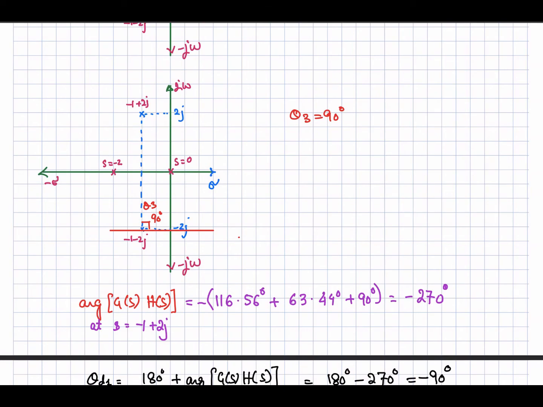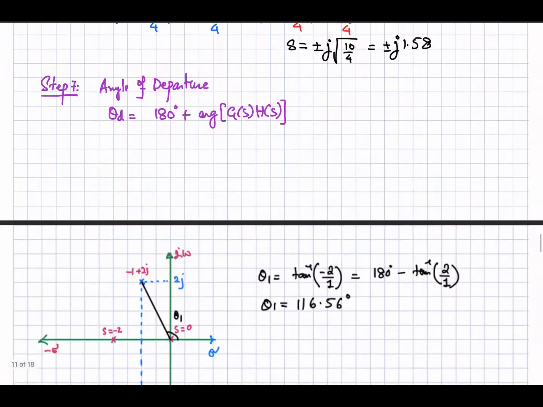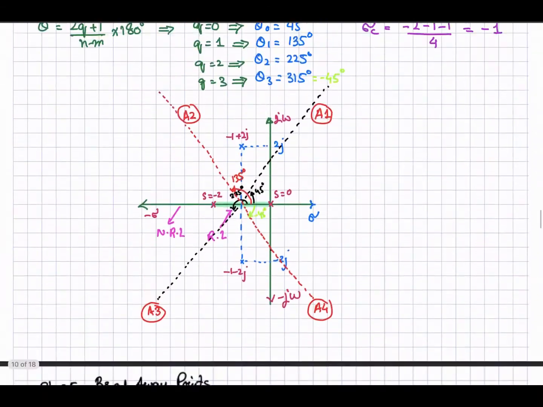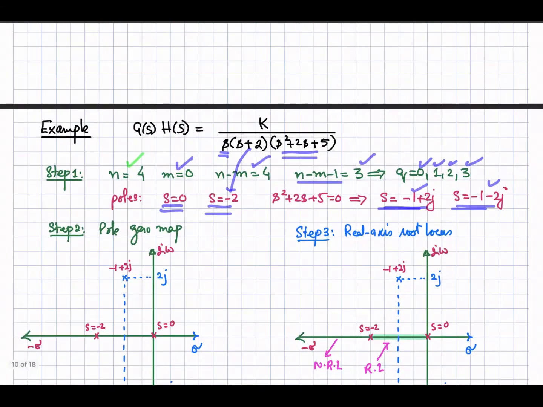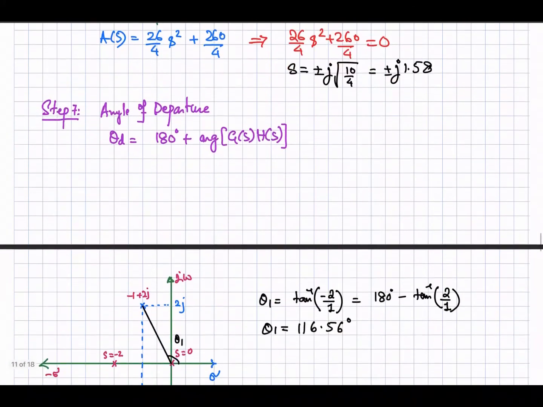Okay, now how to find out the argument of G(s)H(s). If you look at the transfer function, if I go back and look at that one, this is our transfer function. Basically one pole is at 0, one pole is at -2, and two poles are at -1 plus or minus 2j. So we need to find out the argument of this one.